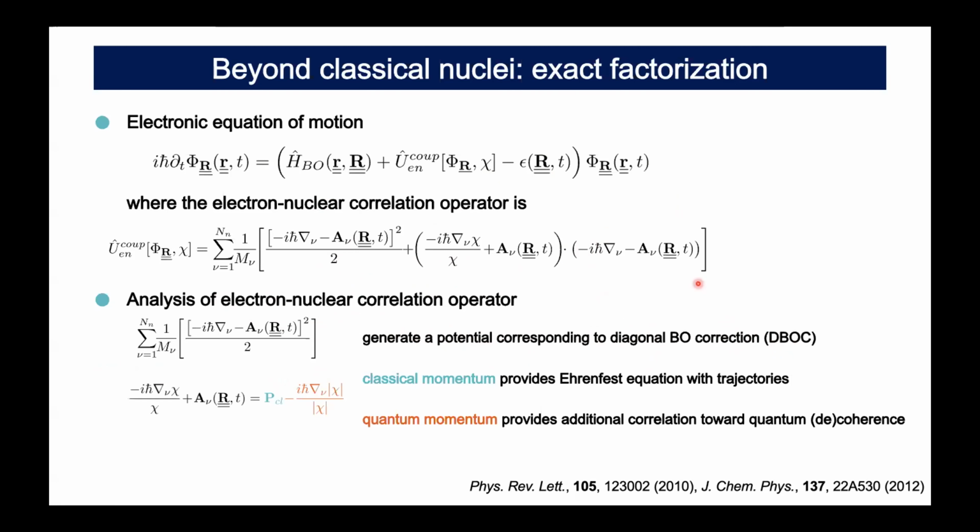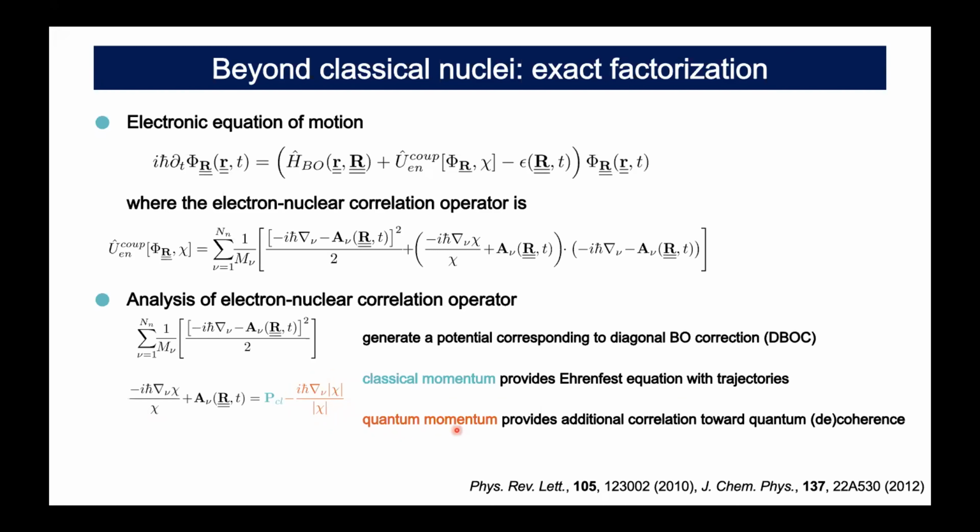And the other term here is quite interesting. It depends on the nuclear wave function, and if you evaluate this term, we can write it in this formula. This term is the sum of the classical nuclear momentum and some additional term, which we call the quantum momentum term.